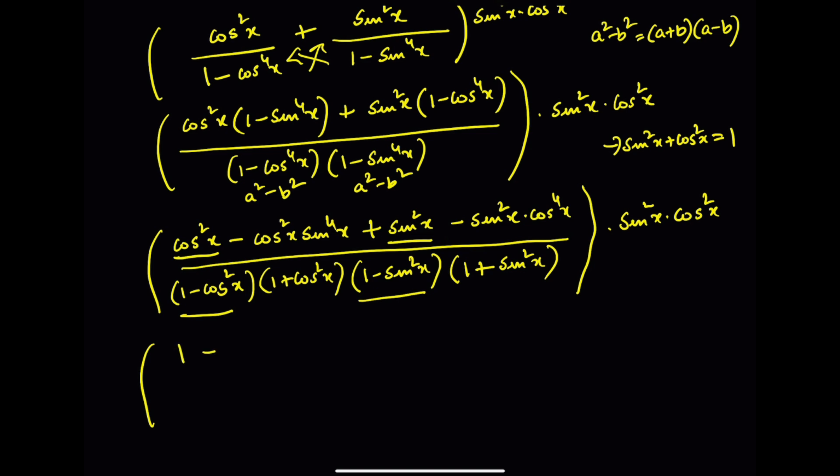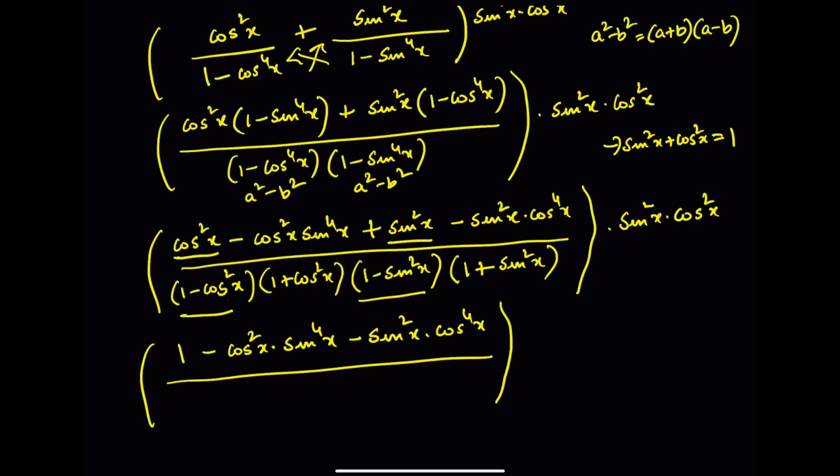So a couple of things we are going to change now. 1 minus cos square x sin to the power of 4x minus sin square x cos to the power of 4x, divided by 1 minus cos square x, we are rewriting it as sin square x, and we will retain the next part 1 plus cos square x, and the next part 1 minus sin square x, we are replacing it with cos square x, and the next part is 1 plus sin square x, and sin square x times cos square x.